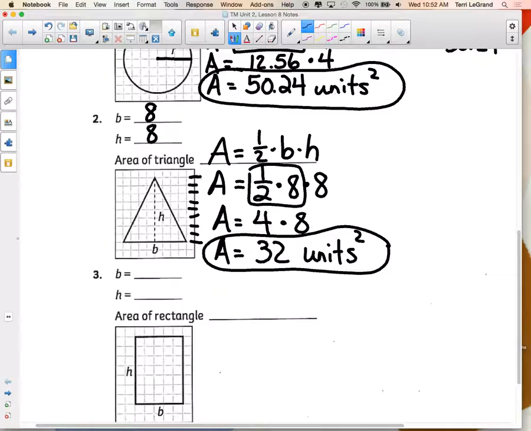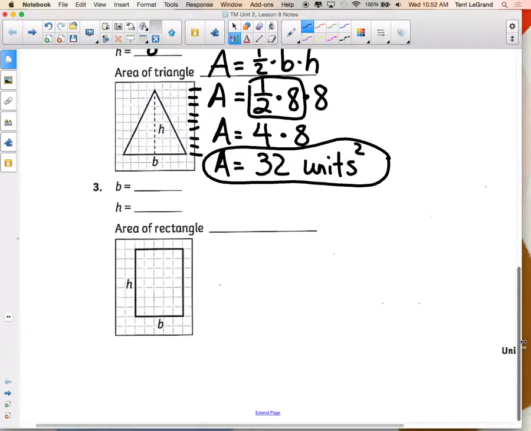So questions on that one at all? No? Okay, then let's move on to the rectangle. Figure out the base length of this rectangle and the height of this rectangle. How many units? Kaylee, do you have one of them for me?